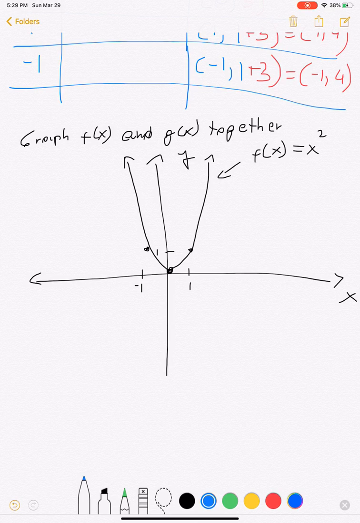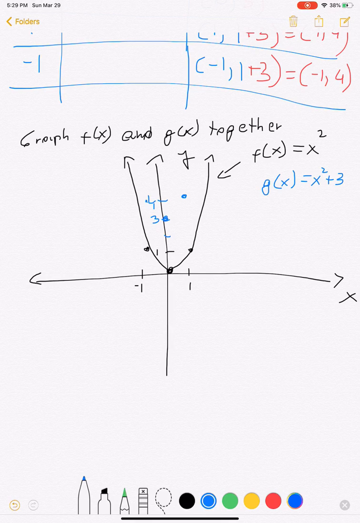And in blue, I will graph g of x, which was x squared plus 3. So we had 0 comma 3. When x is equal 1, we got 1 comma 4, right here. And when x was equal -1, we also got 4.